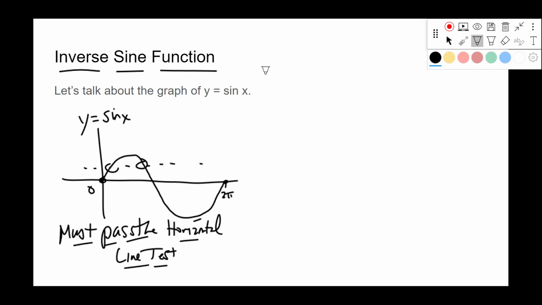So let's say I were to ask you for the inverse sine of 1/2. So my x coordinate is going to be 1/2, and I want to know what the y coordinate would be. Well, the inverse sine of 1/2, what angle has 1/2 as its y coordinate?